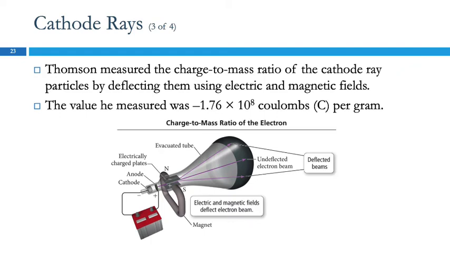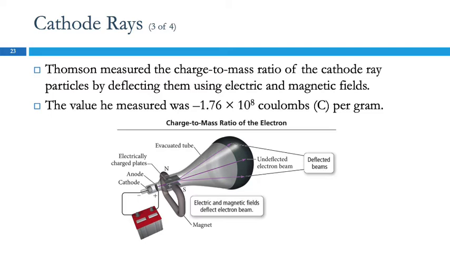So Thompson measured the charge to mass ratio of the cathode ray particles by deflecting them. They travel in a straight line, but by using electric and magnetic fields, he was able to bend them. And by that method, he couldn't determine the charge or the mass, but he could find the charge to mass ratio.